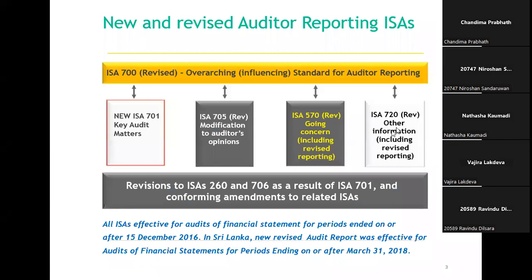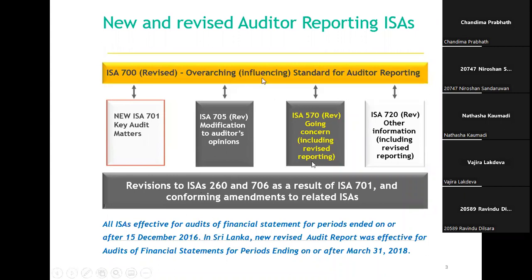If you take the chairman's review, going concern, corporate governance disclosures, management commentary, industry analysis, all that is other information, right? Then revisions were made to ISA 260, communication with those charged with governance, and 706 is inclusion of an emphasis of matter paragraph and other matter paragraph in the independent auditor's report.